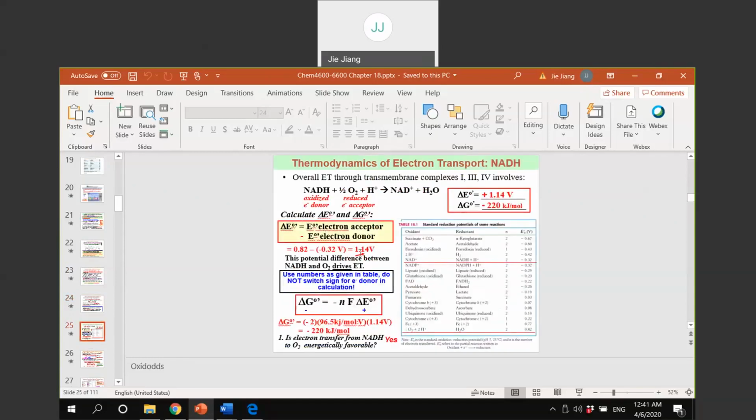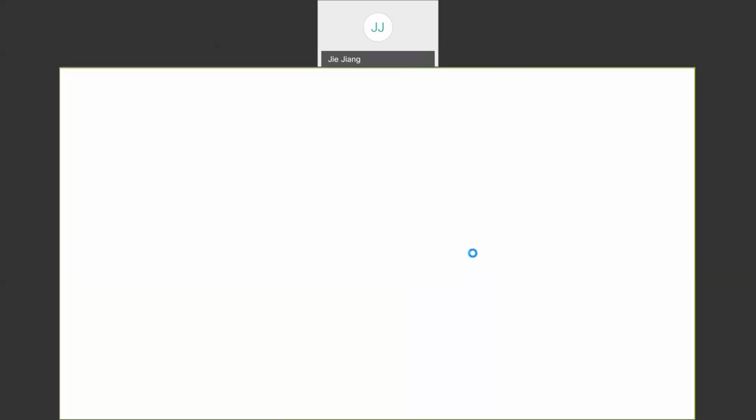Here is a detailed calculation. Anyway, that is a detailed calculation.